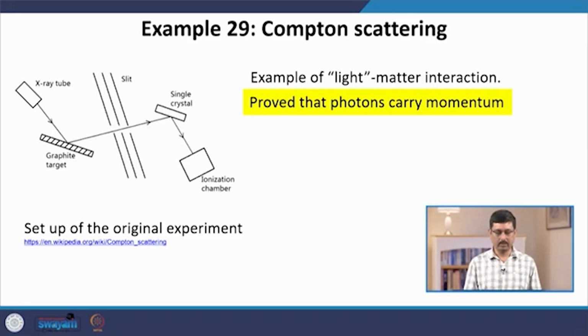Here, instead of alpha particles, you send X-ray beams, which are also made of light particles or photons, and there is a scattering of those photons by the atoms in the crystalline matter. This experiment proved that the photons of light not only carry energy, but they also carry momentum.